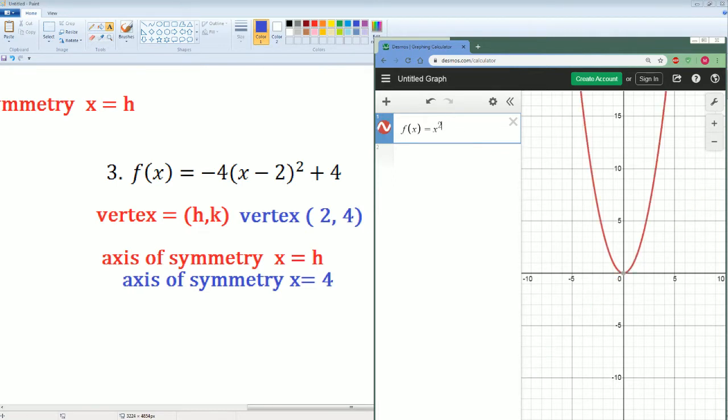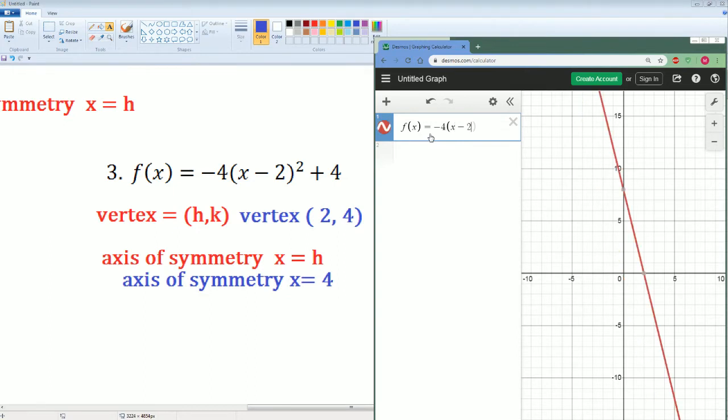See how it looks like the x squared original? But now let's see. Minus 4 parentheses x minus 2 squared plus 4.